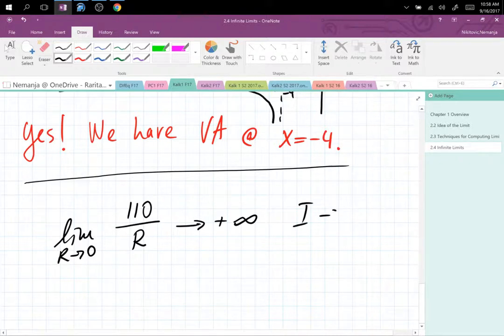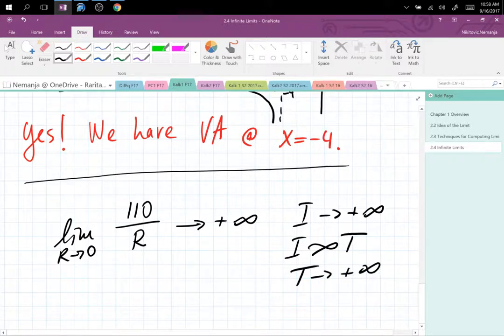Current is trying to go to positive infinity. Current is proportional to temperature. Temperature is trying to go to positive infinity. We have the buildup of infinite energy in a small interval of time. That translates into the motion, right?